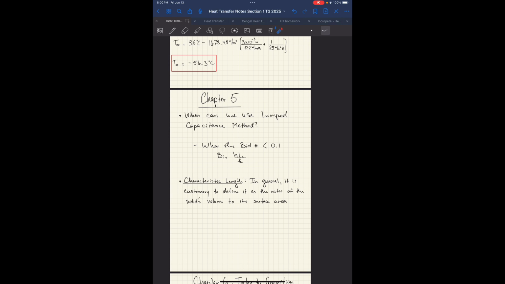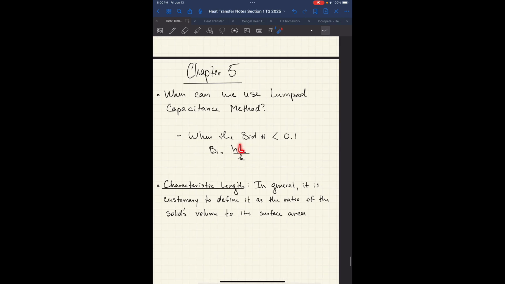In the Biot number, the characteristic length corresponds to this value over here. That value will change depending on whether you're using the customary or conservative definition. You have the equations in the notes. If you use the conservative definition, your Biot number will be slightly larger than the customary. A good rule of thumb is to do both. If both are less than 0.1, then you're good. You can use the lumped capacitance method.